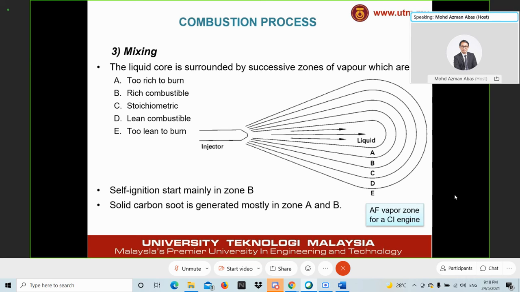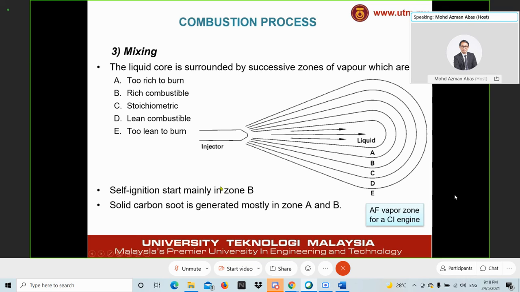So the liquid core is surrounded by successive zones of vapor. If it's too close to the center, it will be too rich to burn. As it travels away from the center, it reaches B, rich combustible, C, stoichiometric, and D, lean combustible, and lastly too lean to burn.